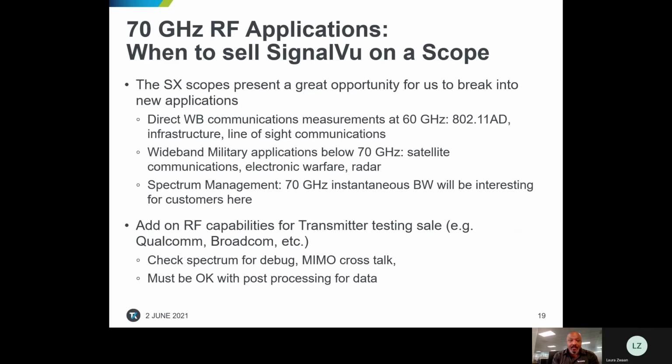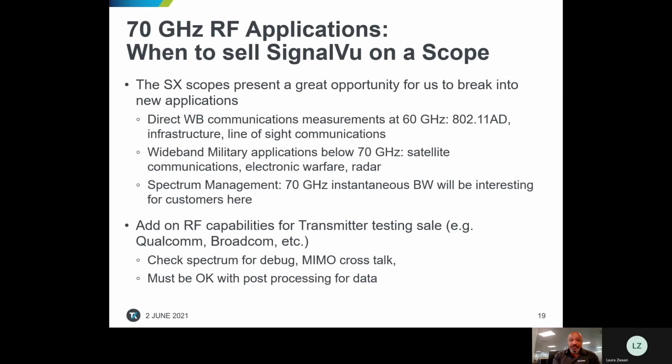Why? Because that may indeed affect the spectral mask performance and thereby make the transmitter not optimal for the band in which it's operating in. In that case, either a 7100 RSA instrument or a DPO 70XK instrument could do the job.